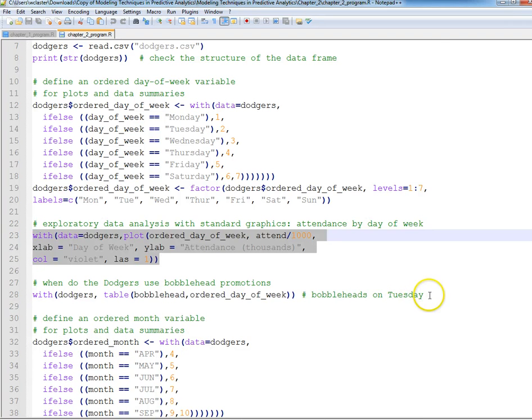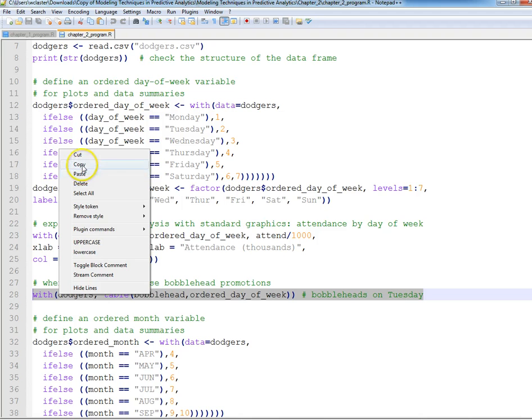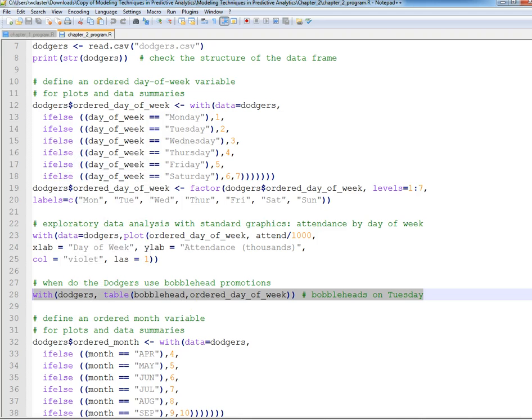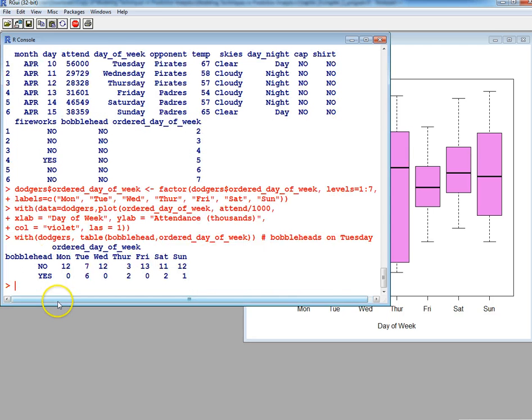Yeah. So run this code and see what the output is. Okay, just copy the code from the R file.